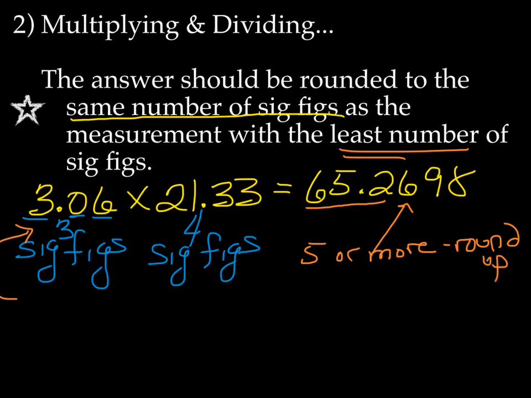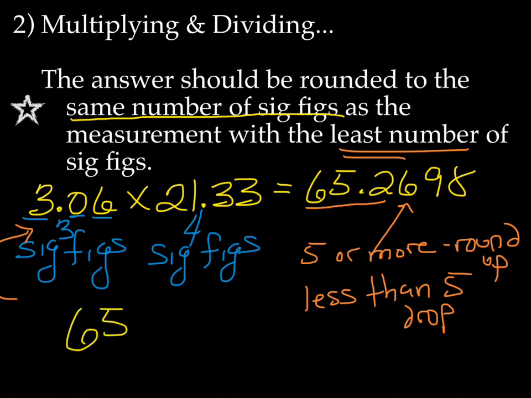If the number is less than 5, you drop. Okay, in this case, the number we're planning on dropping is a 6, which is 5 or more. So our final answer, including appropriate sig figs, is 65.3.